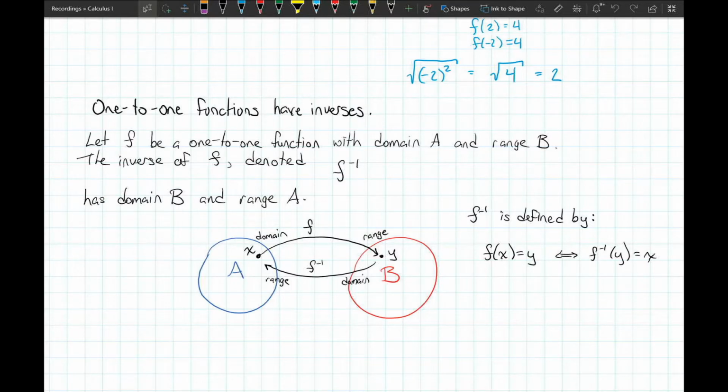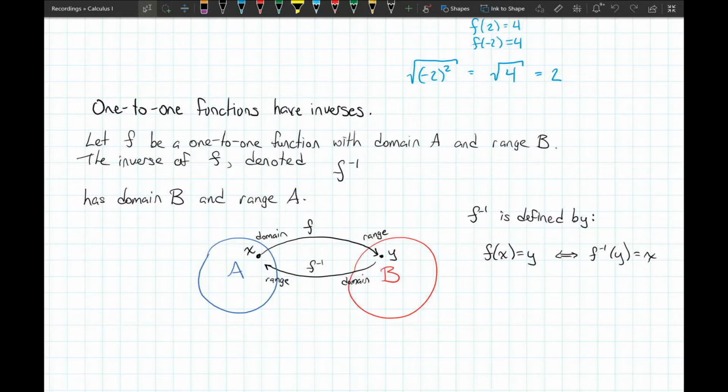If f is a one-to-one function, and let's say it has domain A and range B, then the inverse of f we denote with f to the negative 1, and that would have domain B and range A. It's the opposite direction. It takes whatever the result was from our function and gives us back our initial value.